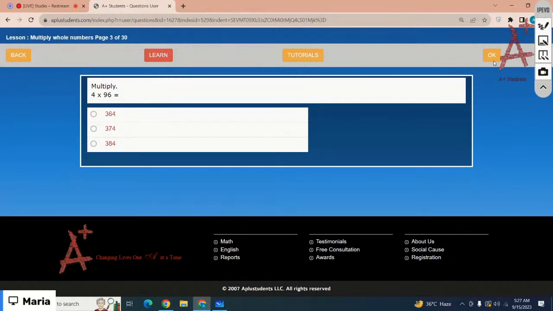Which is the correct option? That would be 374, right? Second one. Hold on. 4 times 6 is 24, 2 carry. 4 times 9 is 36 and 2 is 38. Yes, that would be 384. Very good.